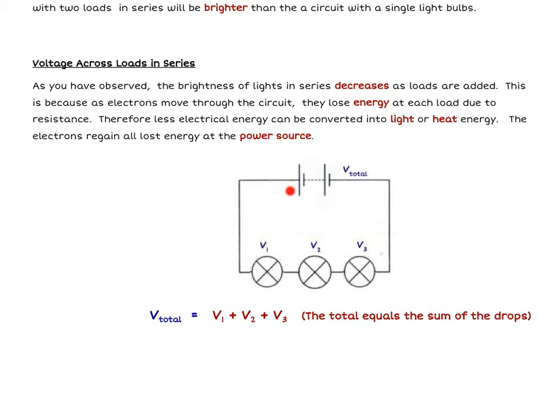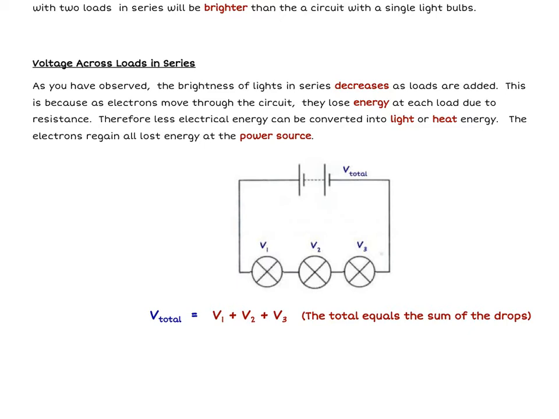So conventional current talks about charge moving from positive to negative terminal. But actual electron flow is, of course, from the negative end towards the positive terminal of the battery, as we would expect, because negative charges are attracted to positive charges.